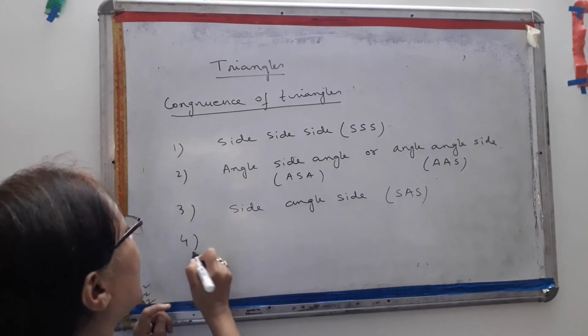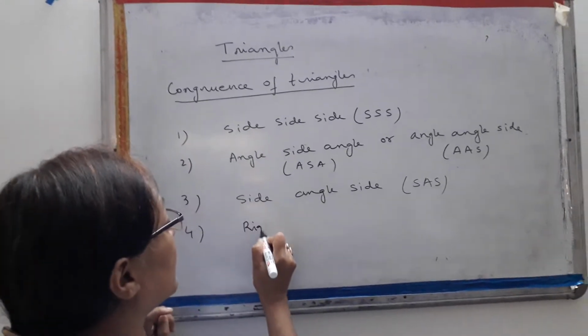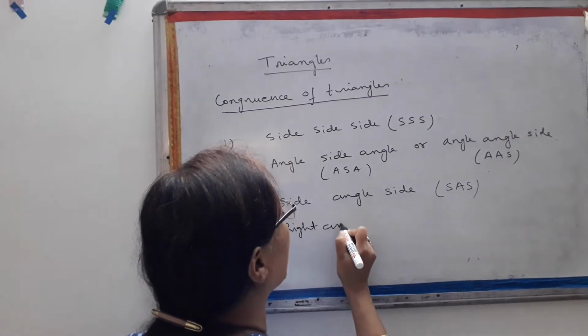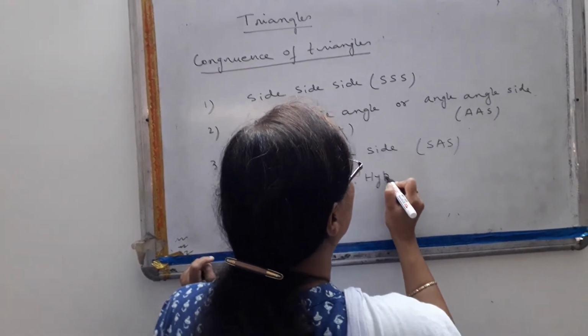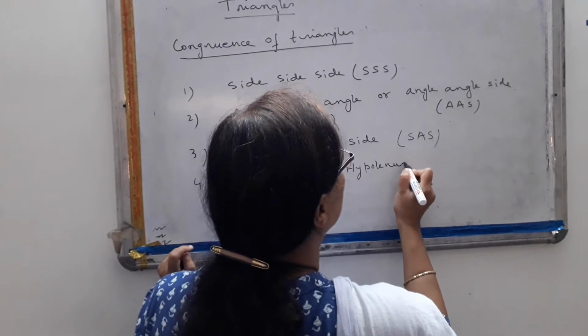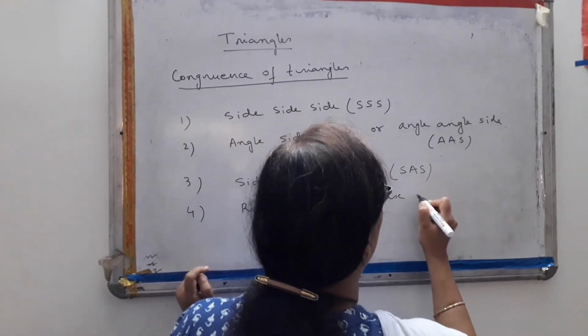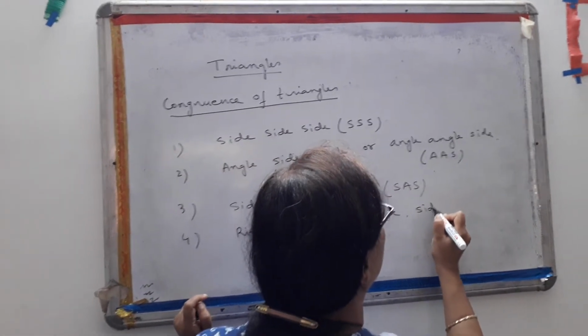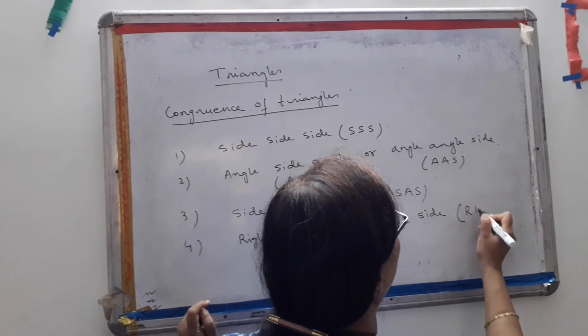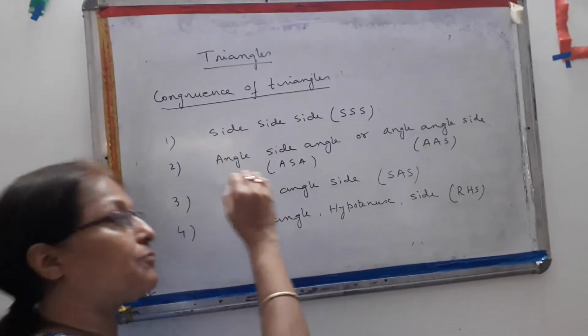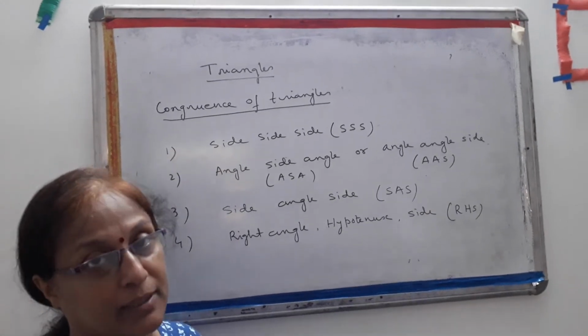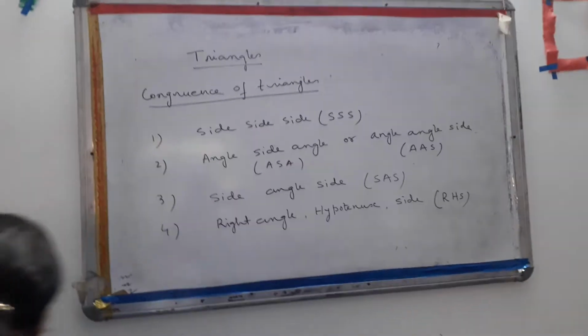And number 4, right angle, hypotenuse, and one side. That means we write RHS. Out of these four conditions, if any one is fulfilled, then those two triangles are congruent, and we say equal or congruence.